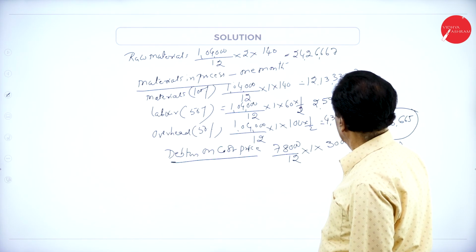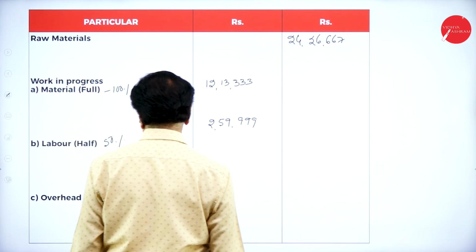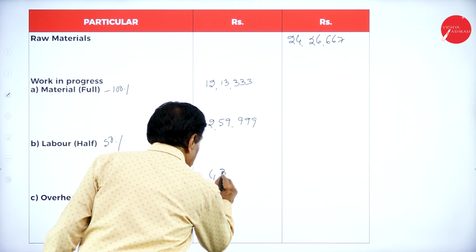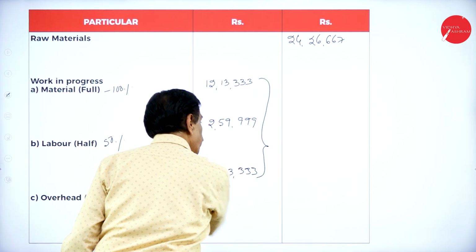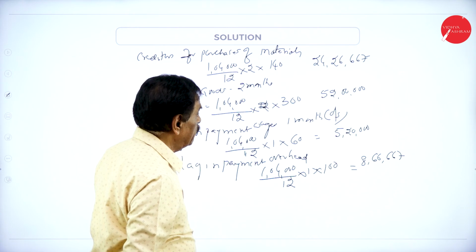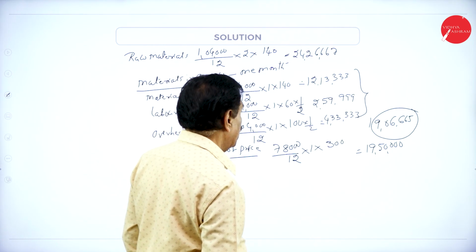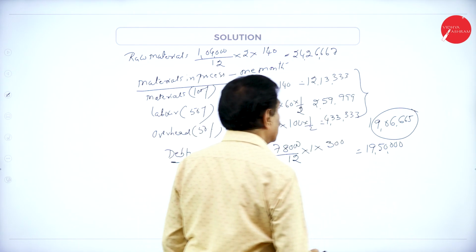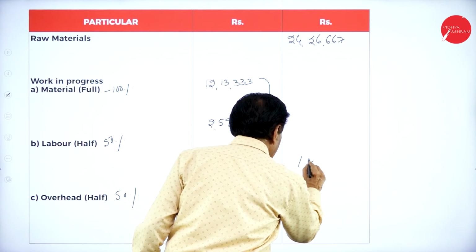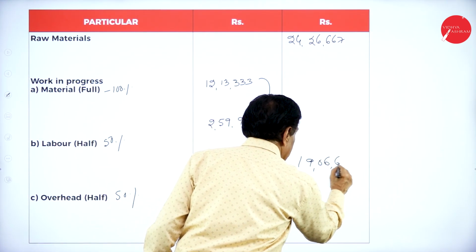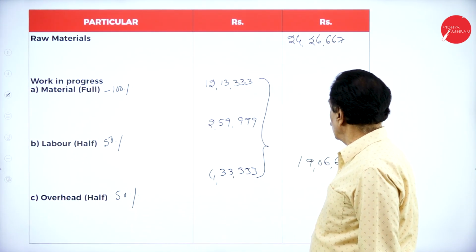Overhead 4,33,333. Put the flower bracket. The total will come 19 lakh 6,665. This all the three goes.